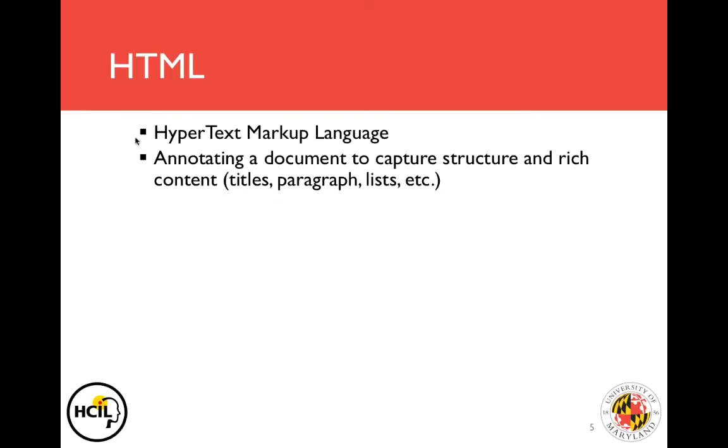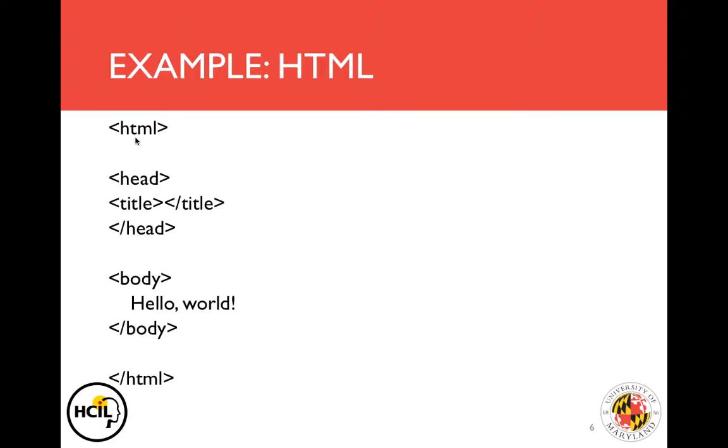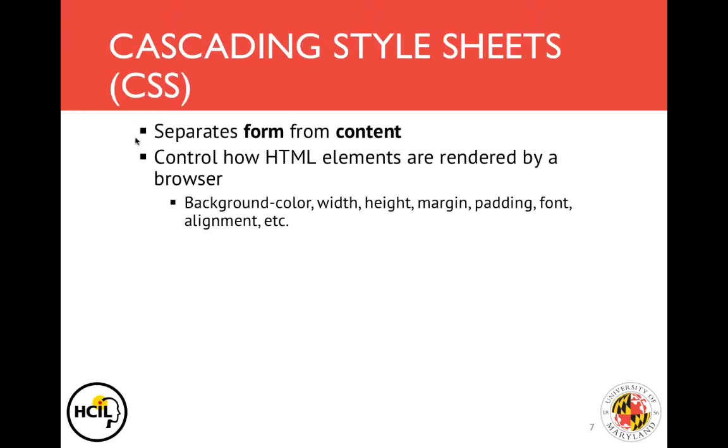But so we start with HTML, and then this is an example page, looks a lot like what we just made. Cascading style sheets were introduced many years after HTML was created to separate the form, that's the visual appearance, from the content. So it used to be that you would always do visual elements with HTML.